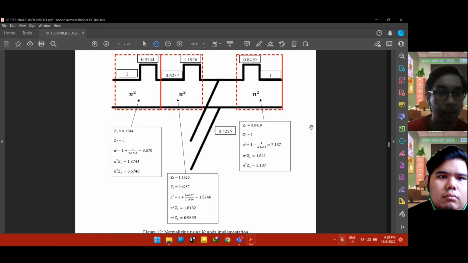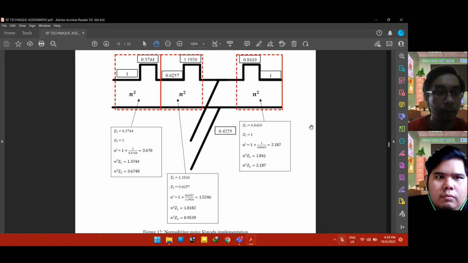For the first part, Z1 is 0.3744 that we have calculated with the Kuroda identity implementation, the first one. For this step, the difference is n squared multiplied by Z1, followed by n squared multiplied by Z2.